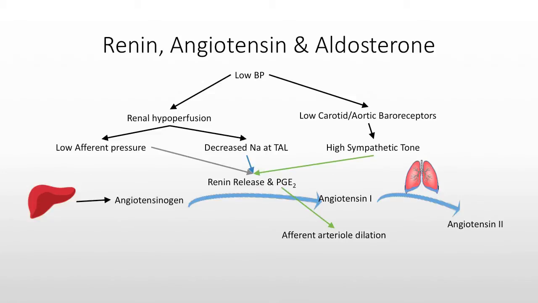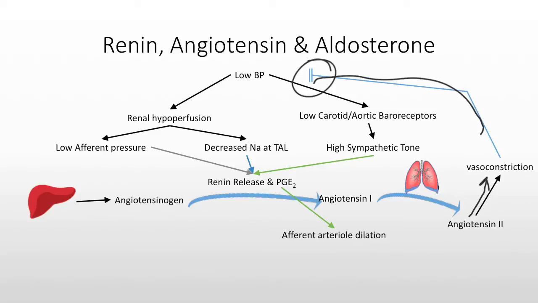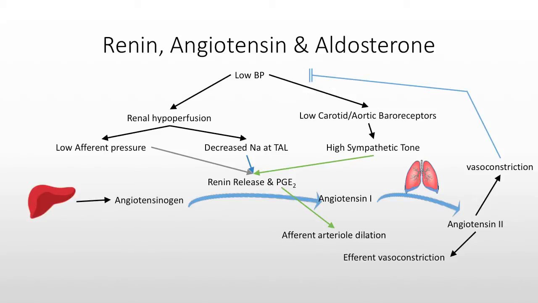And I just want to take a side step and remind you that prostaglandin E2 has dilated the afferent arteriole. Now back to angiotensin 2. He causes vasoconstriction, systemic vasoconstriction, which will lower the blood pressure as a negative feedback mechanism. He also constricts the renal vasculature, but primarily the efferent vasoconstriction.